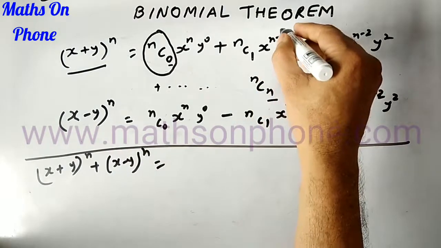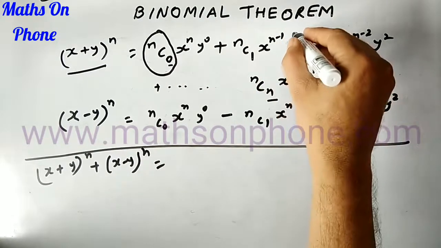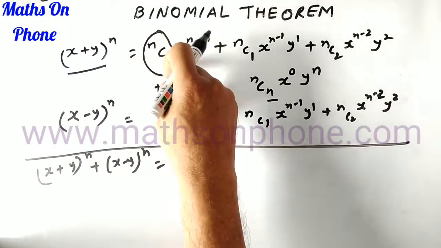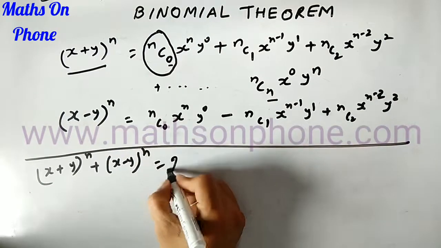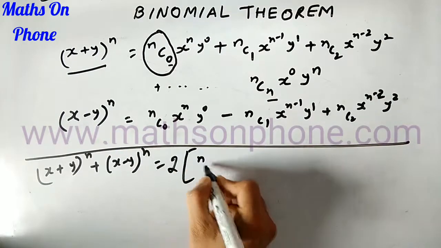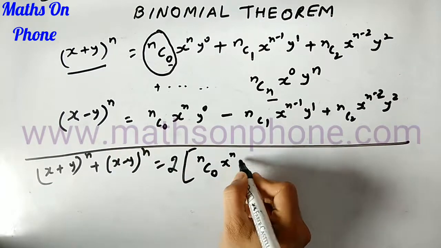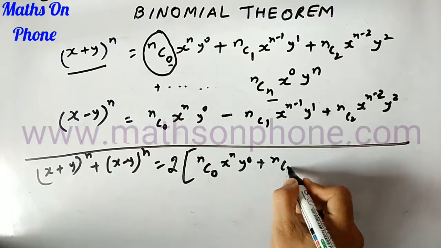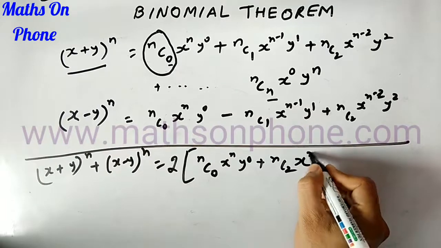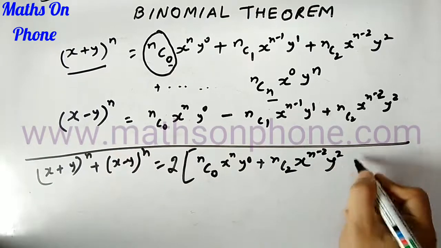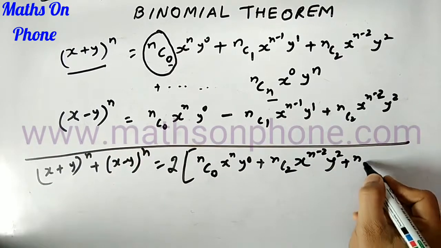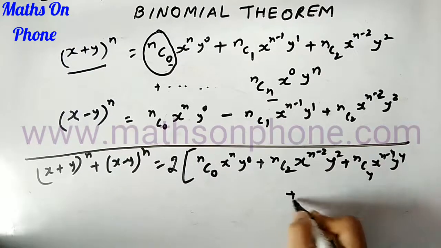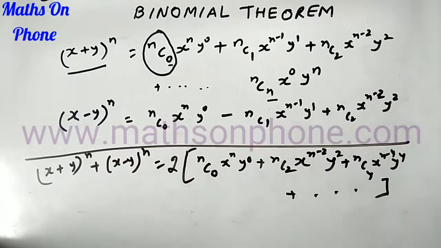You see that the terms which are containing odd power of y will cancel out. So we will be left with nC0 two times. So 2 times nC0 x^n y^0, 2 times nC2 x^(n-2) y^2. Same way nC4 x^(n-4) y^4, like on, we will just get the even terms.